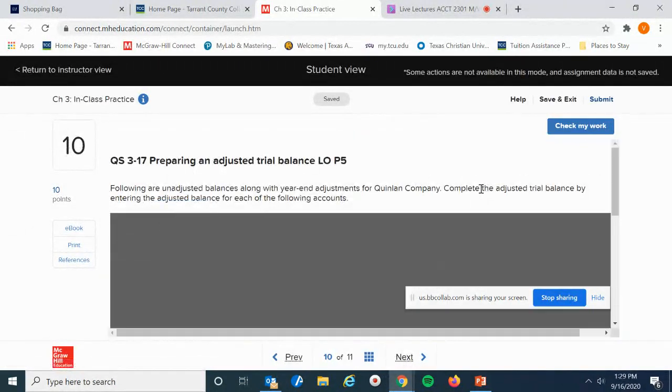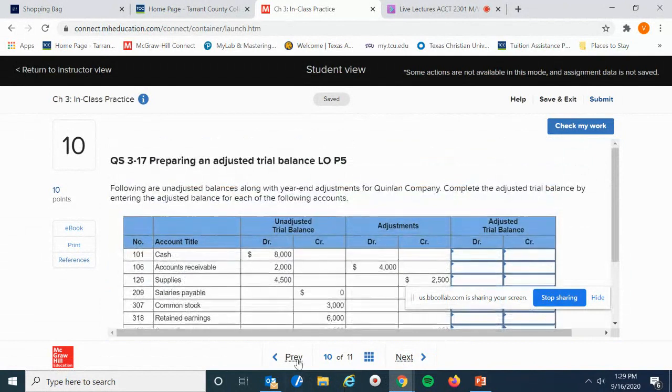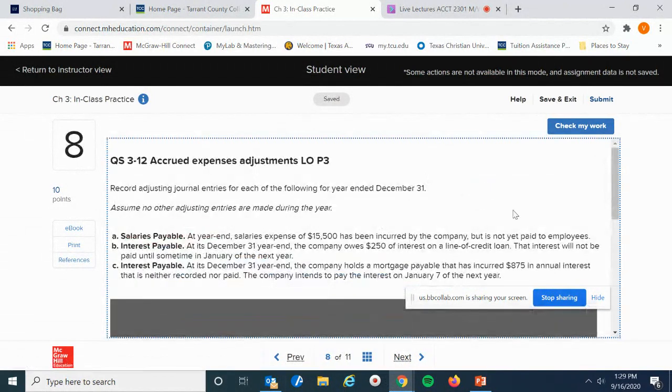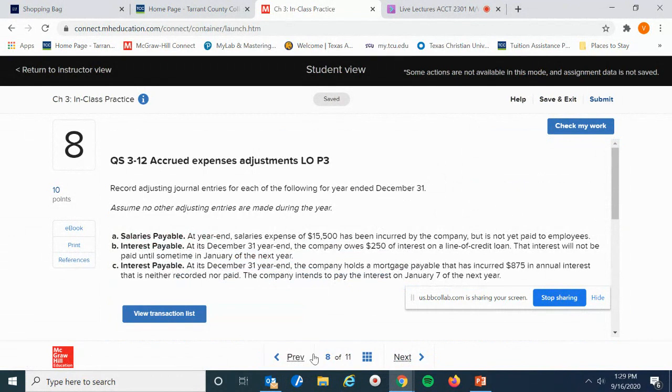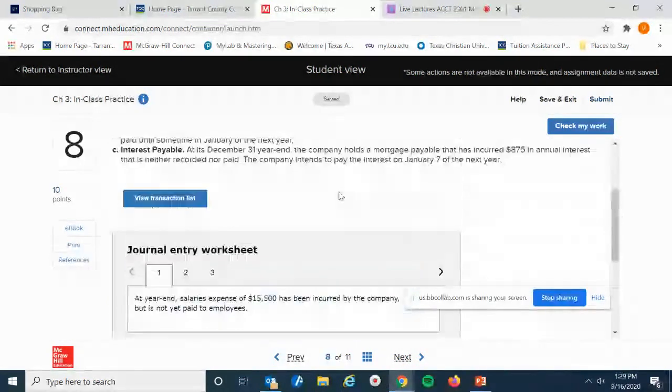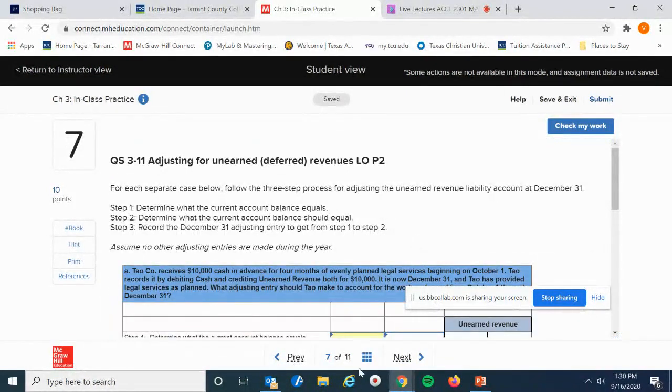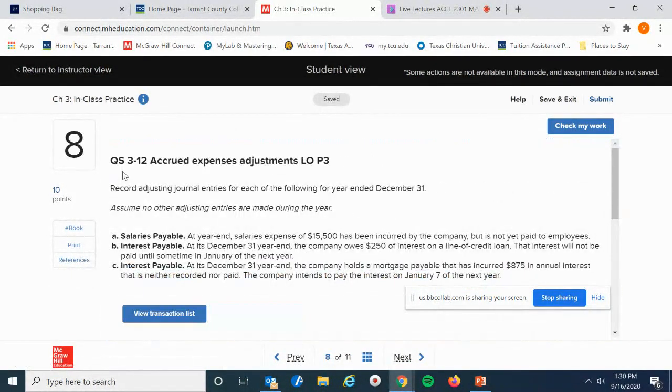Okay, so we need to go back to the PowerPoint presentation and talk about accruals first before we can work the next few problems. We'll be on QS 3-12 accrued expenses adjustments.